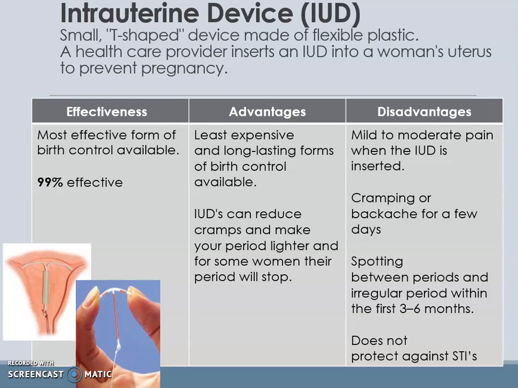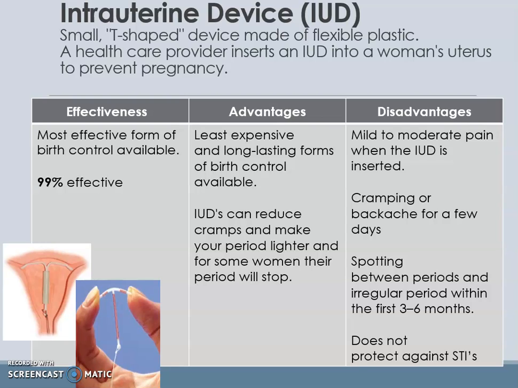Sometimes it's copper, but it irritates the lining of the uterus, so it makes kind of a hostile environment, but it also releases hormones. It is the least expensive and longest lasting birth control. People can leave the IUD in for up to 12 years. It can reduce cramps and make the period lighter, and for some women, their period stops entirely.